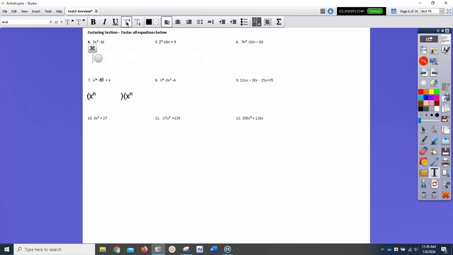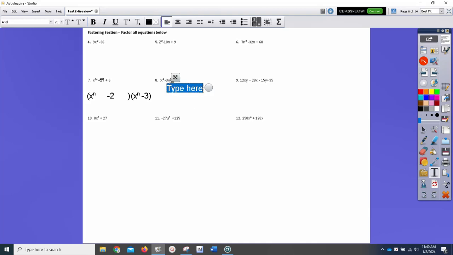All right, factors of 6 that add to negative 5 are probably going to be, and it's a positive 6, isn't it? Negative 2 and negative 3. And that holds. Negative 2 times negative 3 is positive 6. Negative 2 x to the n minus 3 x to the n is negative 5 to the n. So she's done. It wasn't that bad.